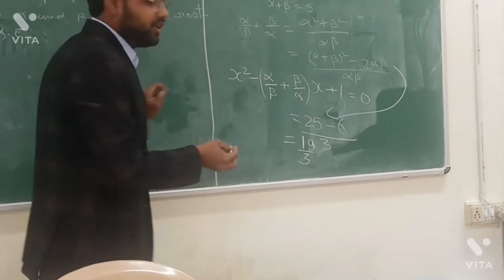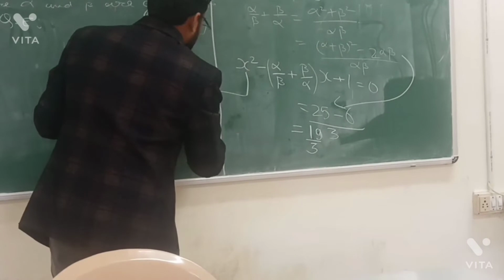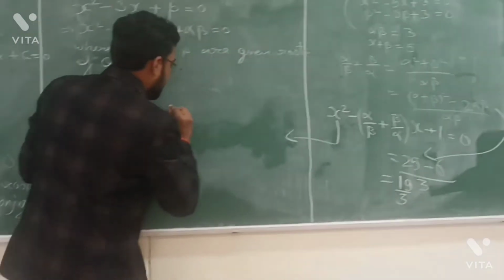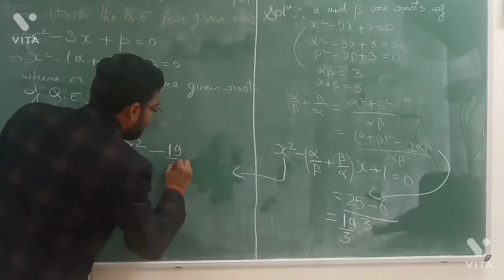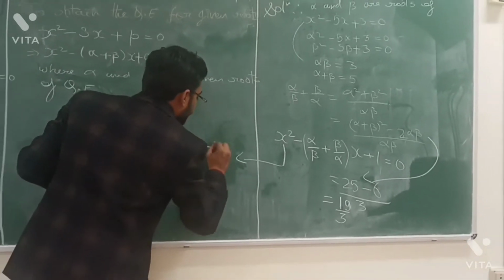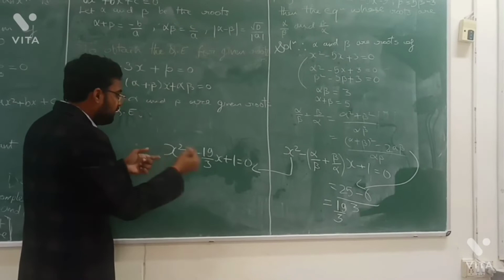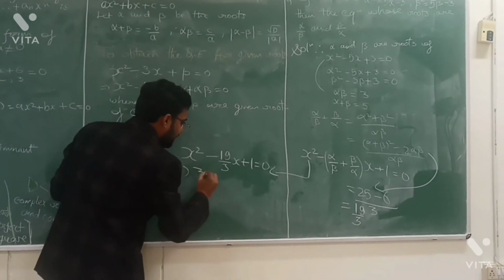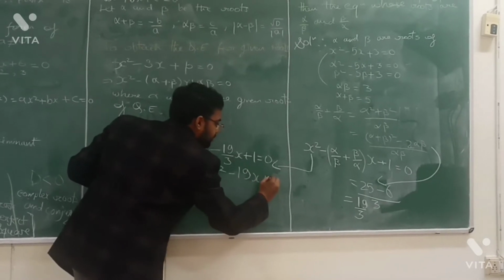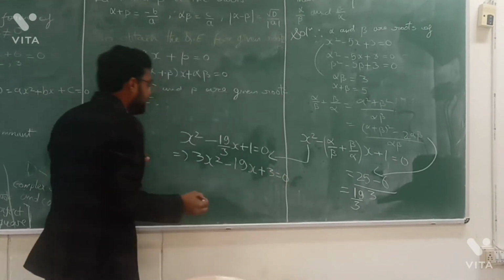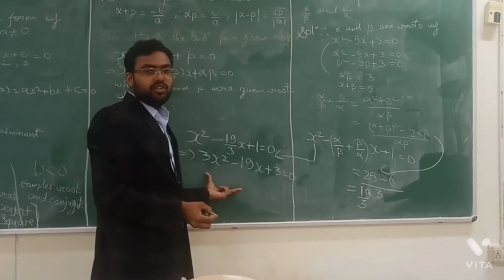Now putting this value here, we get our equation x² - (19/3)x + 1 = 0. On simplifying this, we get 3x² - 19x + 3 = 0. This is our required answer.